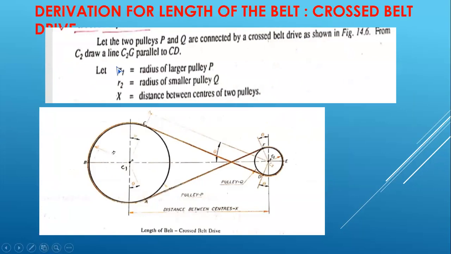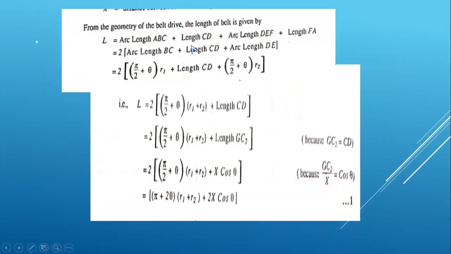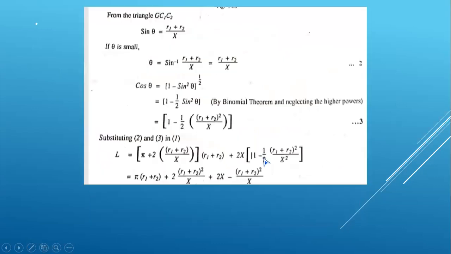R1 is the radius of the larger pulley, R2 is the radius of the smaller pulley, and X is the center distance between the two pulleys. And this is the equation for calculation of the length of the belt.